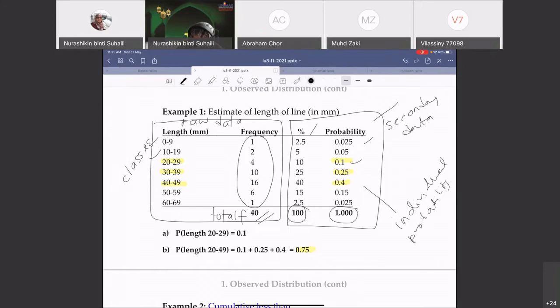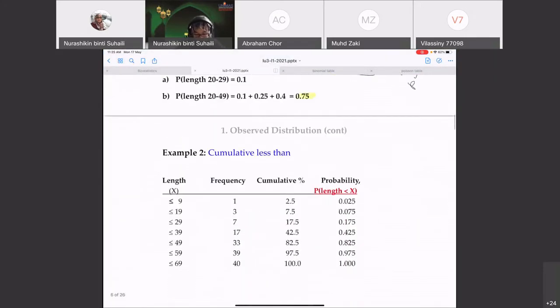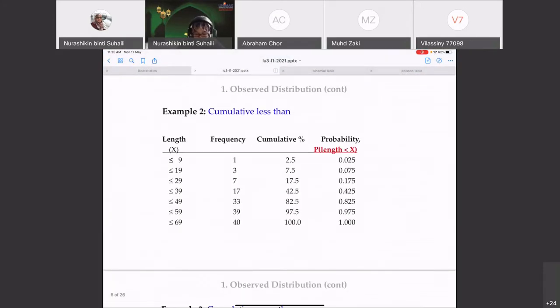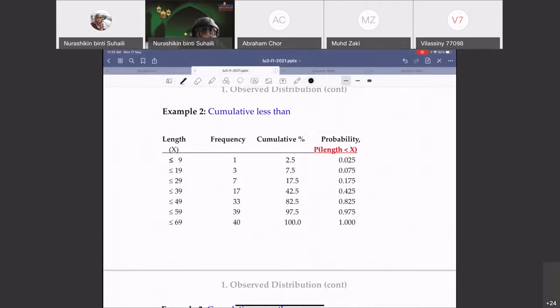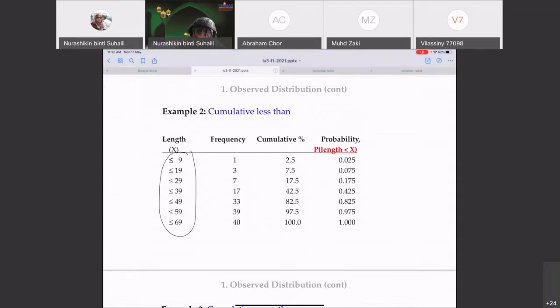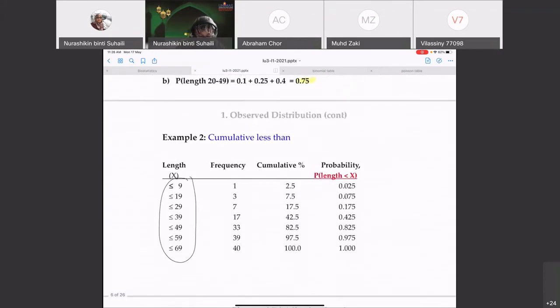Now, let's have a look at the second type of presentation, which is called cumulative less than. The difference here is, if you see the classes, there is no 0 to 9, 10 to 19 anymore.